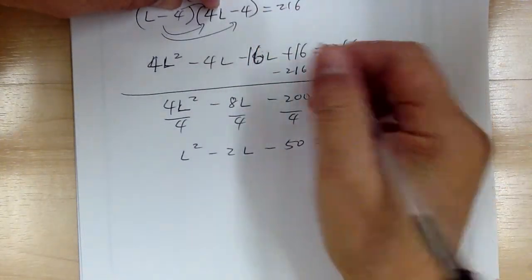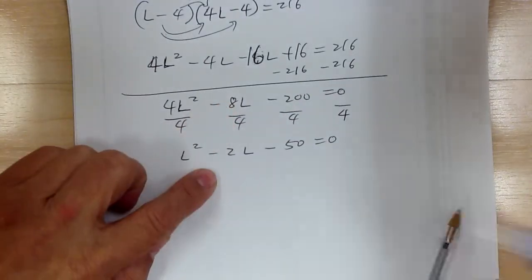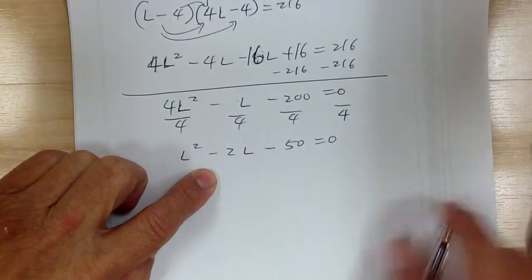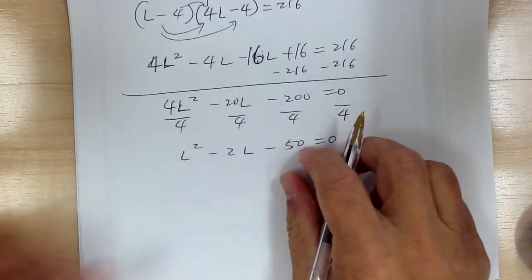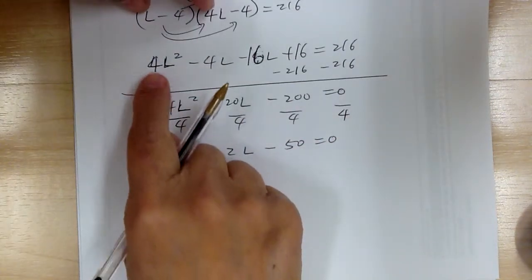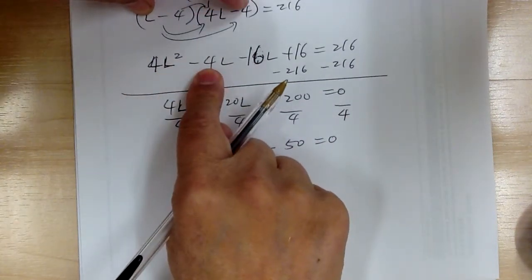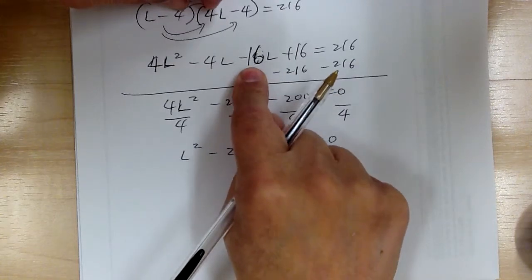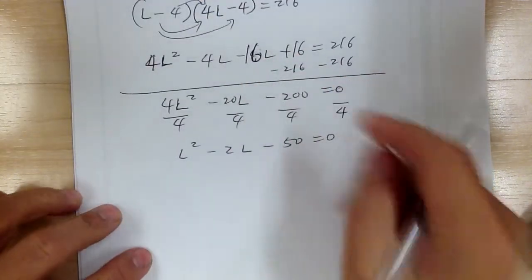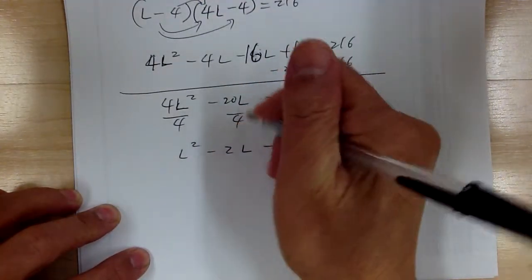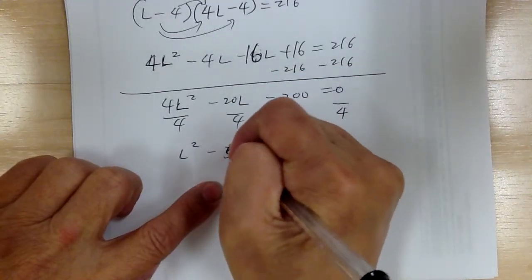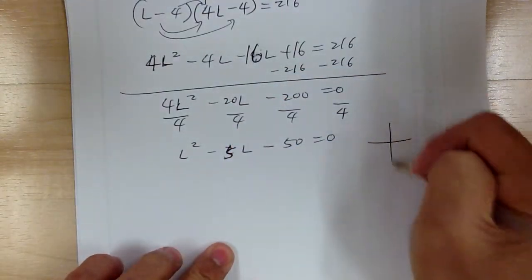It's minus 16, so this would be minus 20. Right, so double check again. So FOIL. Okay, so this will give you 5. There we go. Okay. So now let's go and do the factoring.